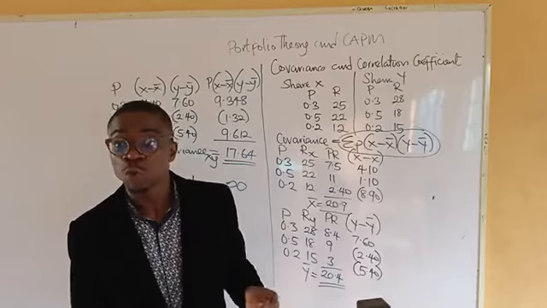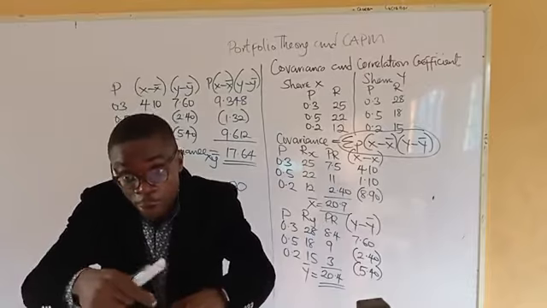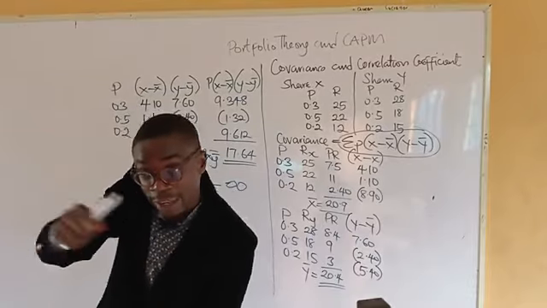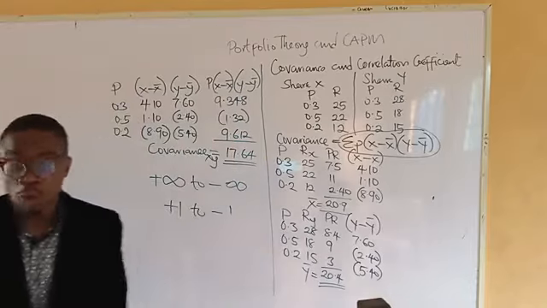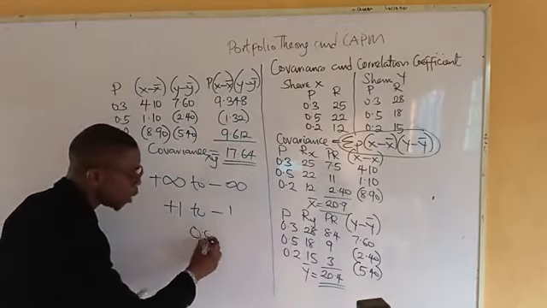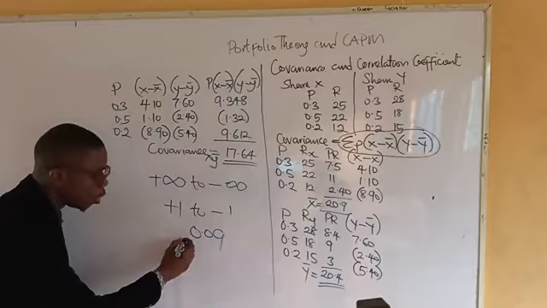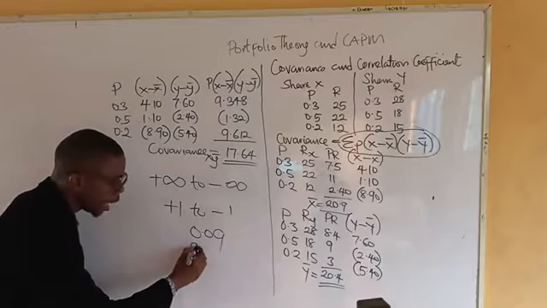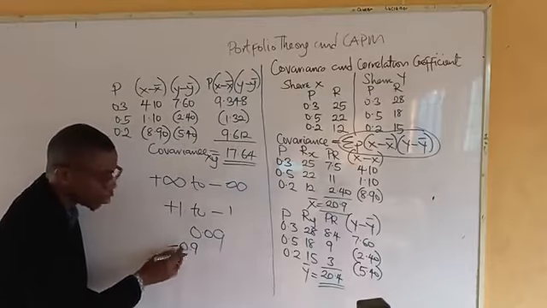It's better to change what you have calculated and put something within the range, even if it's wrong. Just put anything ranging from plus 1 to minus 1. You can get 0.01, 0, 0.9, minus 0.1.